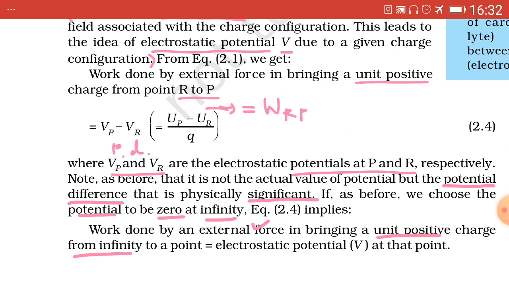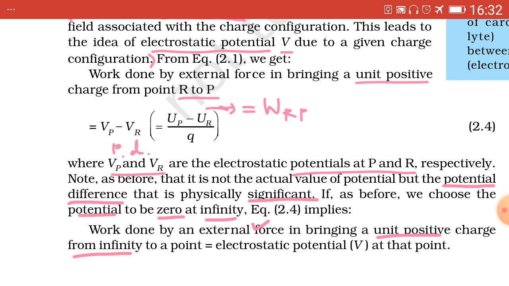Up minus Ur equals W from R to P, Wrp. That is, if we cross multiply, we get capital W equals small q into capital V. Again I repeat, W equals qV.